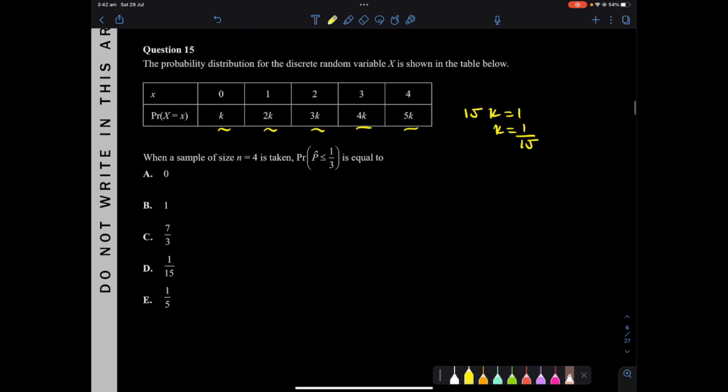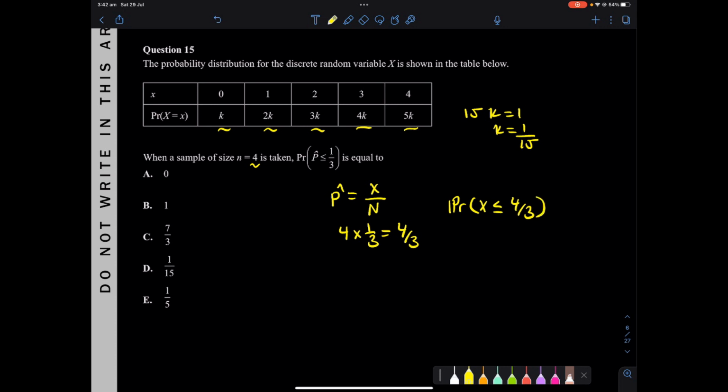Now, I know that the proportion p is equal to x over n, and our n value here is 4. So to find x, it's 4 times 1/3, which is 4 thirds. We want to find the probability that x is less than or equal to 4 over 3, which is like 1 point some value.